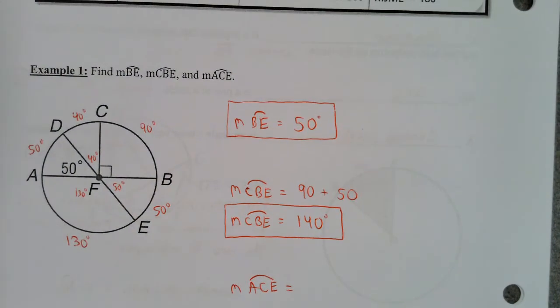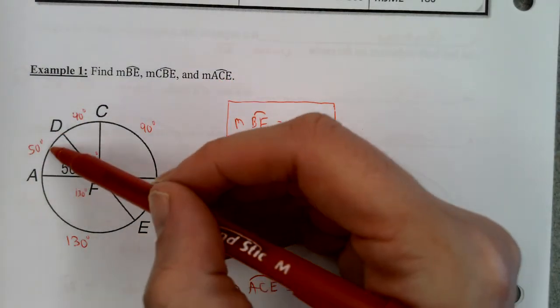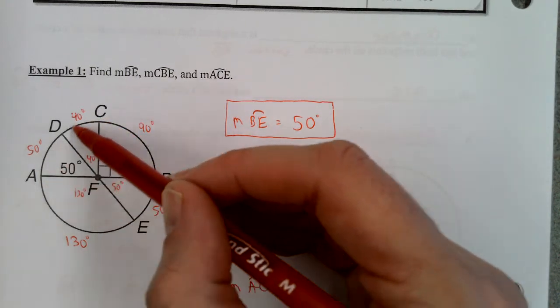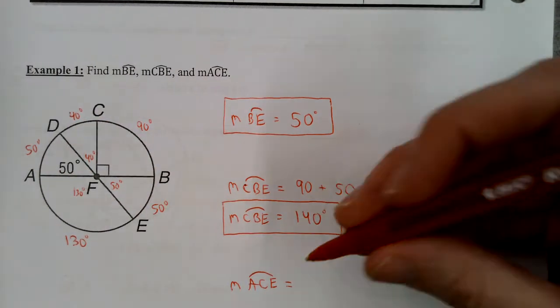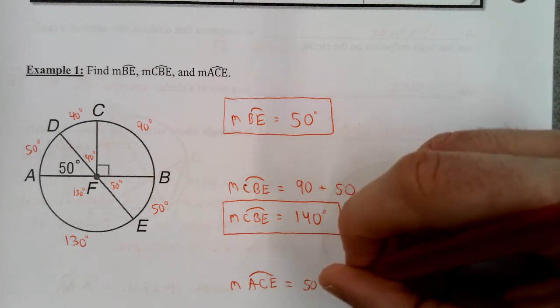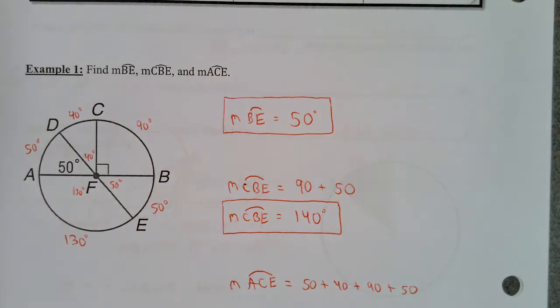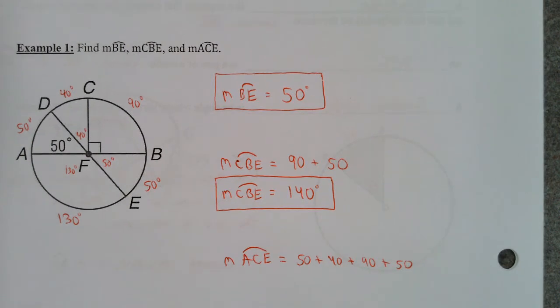So go ahead and trace it in order ACE. Add up all of those. So 50 plus 40 plus 90 plus 50. That'll be 230 degrees when you add all those up together.